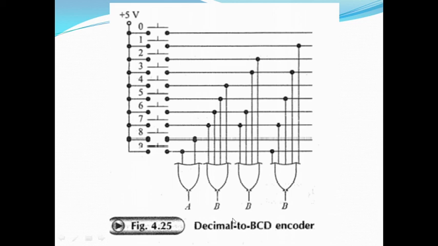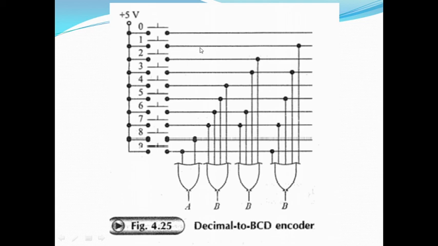You can see that a plus 5 volt supply is given, and the positive terminal of the battery is connected to one end of this push button switch. There is a different line for 0, 1, 2, 3 up to 9. The zero line is not connected to any input of the OR gates A, B, C and D.